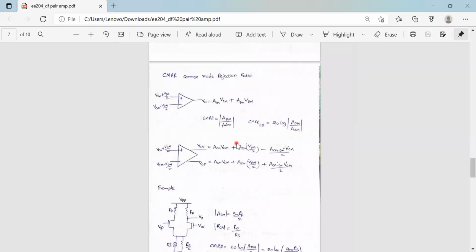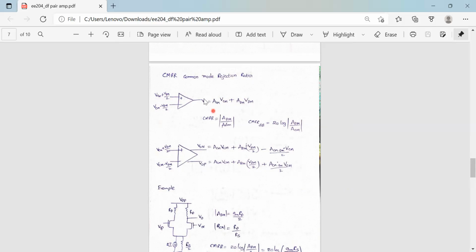Let's see the amplifier as a black box. If we give an input like this, VCM minus VDM by 2, we get output ACM VCM plus ADM VDM. ADM is the differential gain, and ACM is the common mode gain.